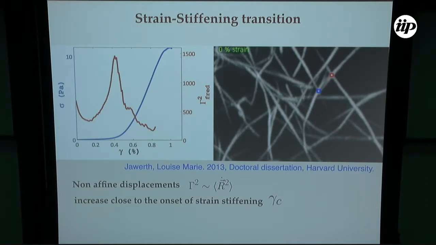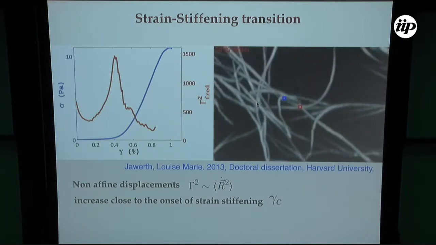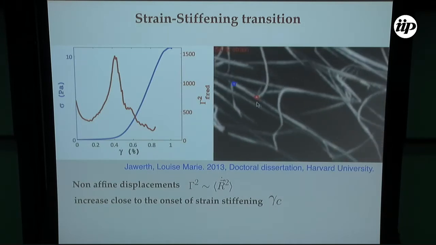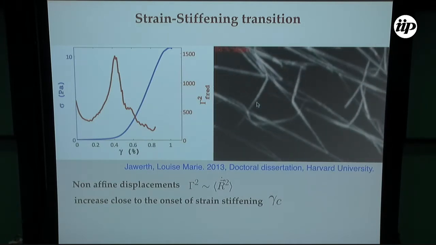When you deform your system there are affine deformations, so of course everything will follow some affine motion, but she measured how it deviates from this affine deformation. You see that initially these two nodes did some kind of rotation, and then moved in a very affine way. What she observed is that, precisely very close to the critical strain, there was a peak, an increase in the non-affine deformation, signaling that there might be some kind of critical behavior surrounding this transition.